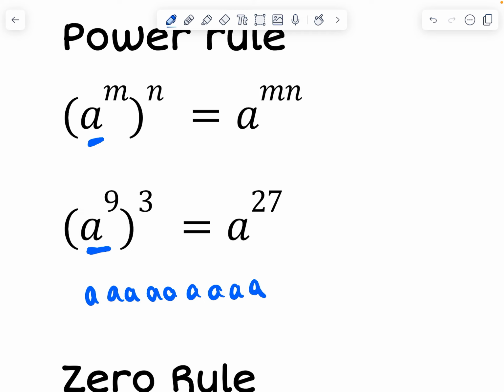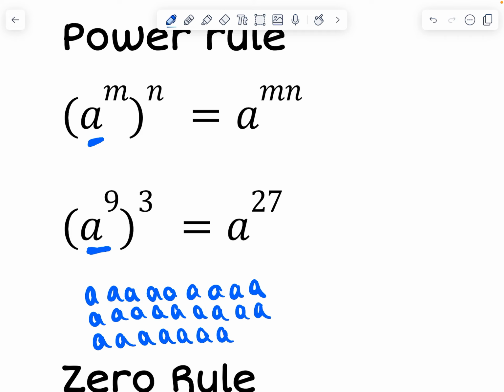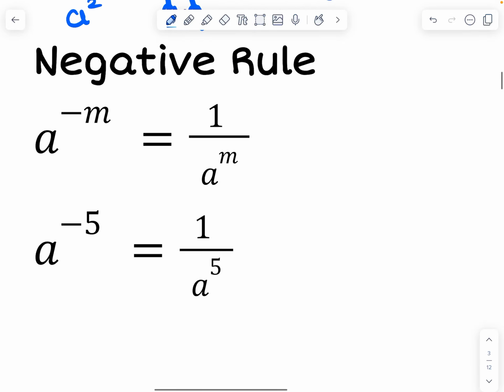And I'm going to write that out 3 times. 1, 2, 3, 4, 5, 6, 7, 8, 9. And 1, 2, 3, 4, 5, 6, 7, 8, 9. How many do I have? I have 27 a's. You can always write it out.